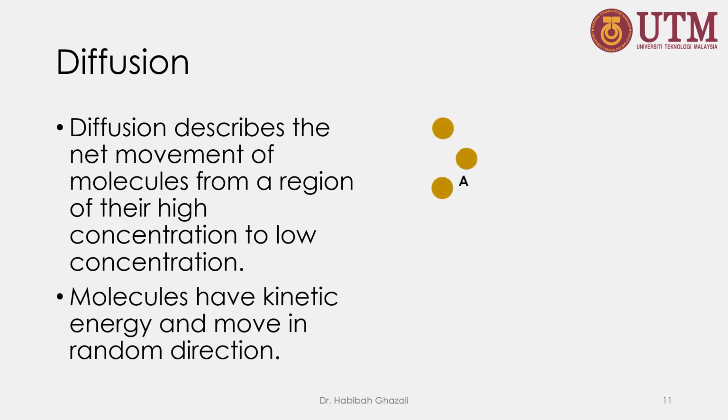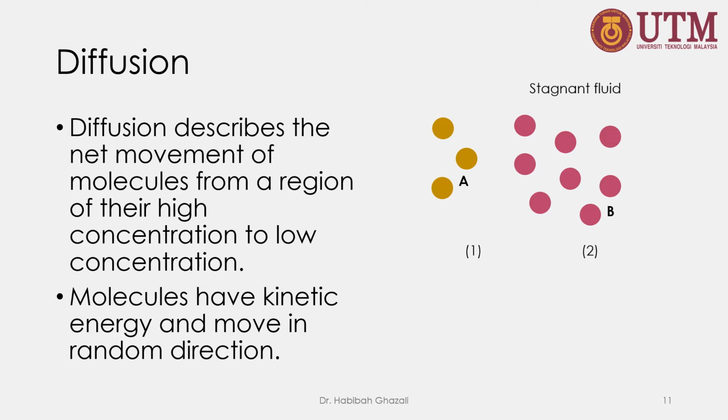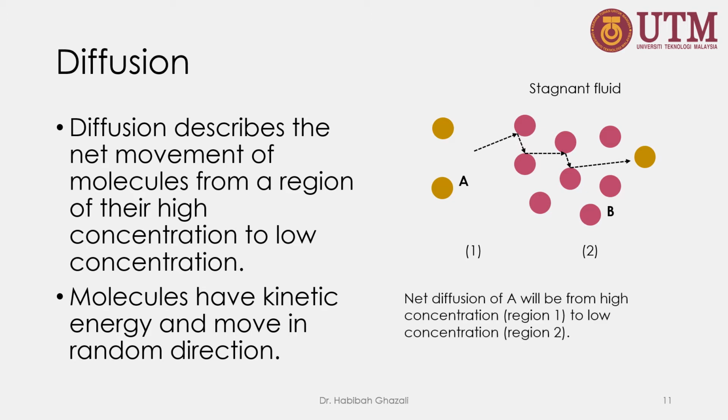So if I have an atom A here that sits next to a stagnant fluid, in region 1 I have a high concentration of A atoms, and diffusion describes the movement of these atoms from one side where it exists in high concentration to a low concentration due to the kinetic energy of those atoms and due to their random movement in random directions.